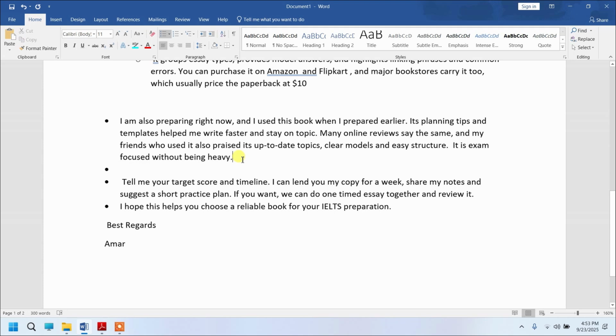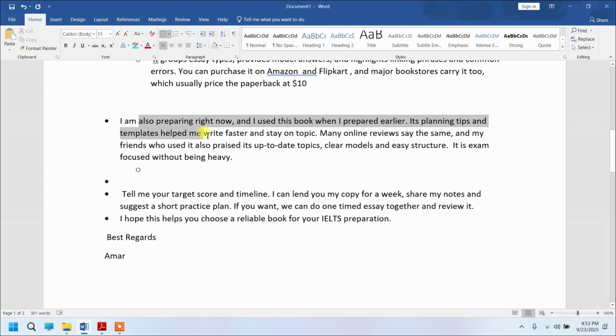Okay. Now I'm going to write this paragraph again. I'm also preparing right now. That is fine. And I use this book when I prepared earlier. Okay. So see, I've got one idea. I'll say I'm also preparing right now, comma, and because I used it earlier.